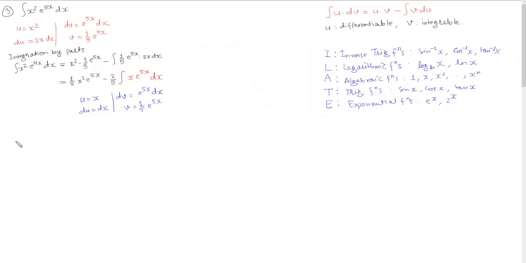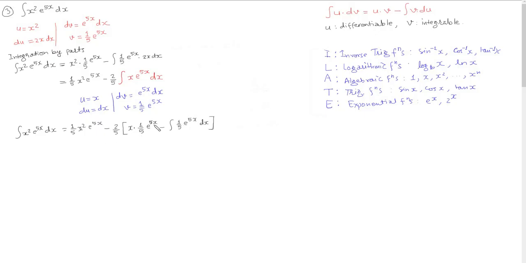This integral, the integration of x square e to the power 5x dx, would be 1 by 5 of x square e to the power 5x, nothing changes in the first term, minus 2 by 5 times the integration of this whole thing, which becomes u times v, which is x times v, 1 by 5 e to the power 5x, minus the integration of v, which is 1 by 5 e to the power 5x, and du is dx.